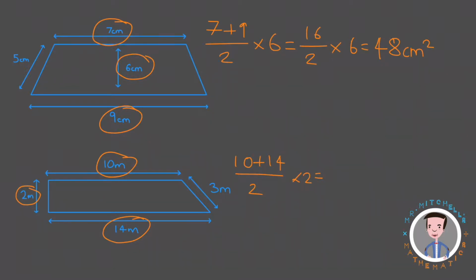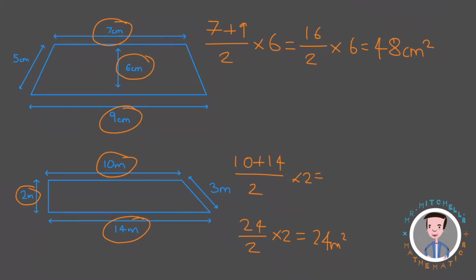In this case, 10 plus 14 is 24, divided by 2 times by 2. Now if you divide a number by 2 and then times it by 2, it's basically the same number. So this is 24 meters squared. And that's the final answer.